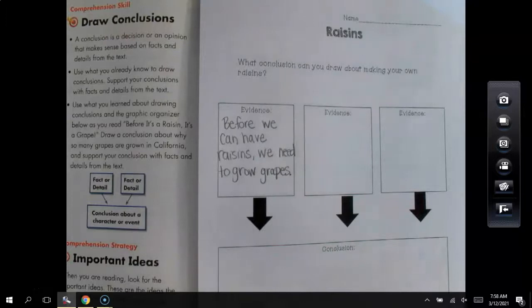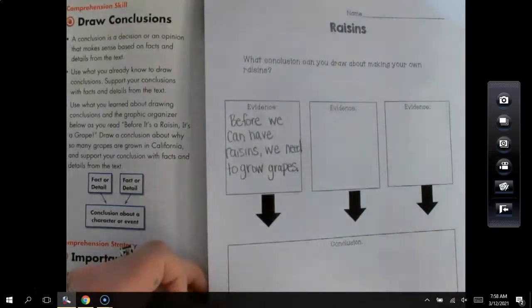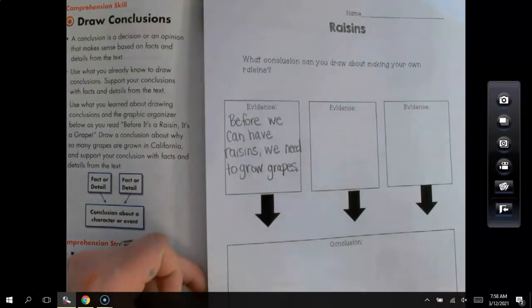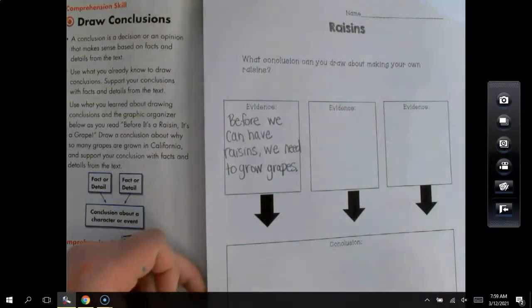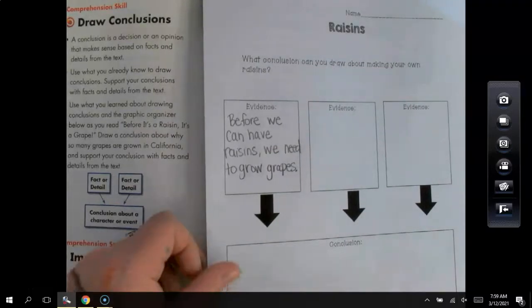What do we need to have in order to grow grapes? Think about it. Think about us here in the Bath community in Ohio. Think about the fields in our rural community. What do people need to have to grow things?